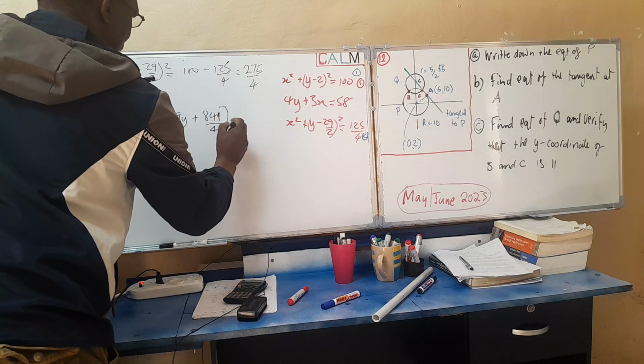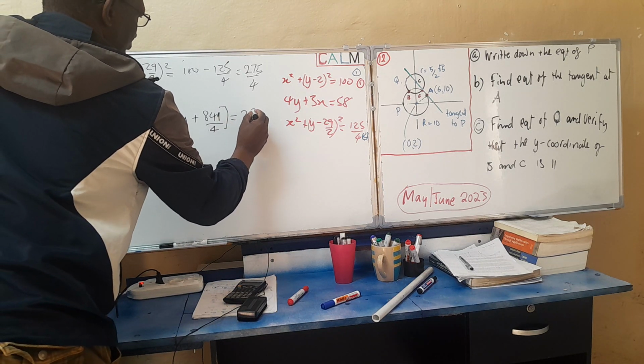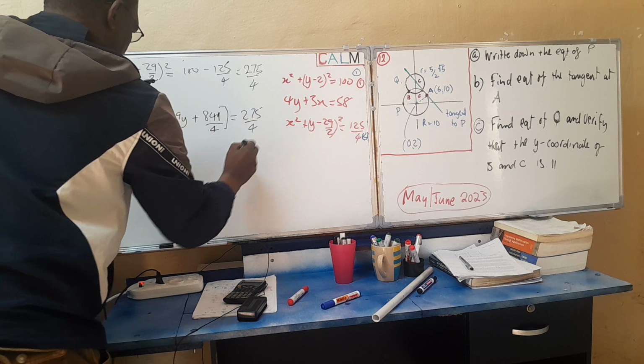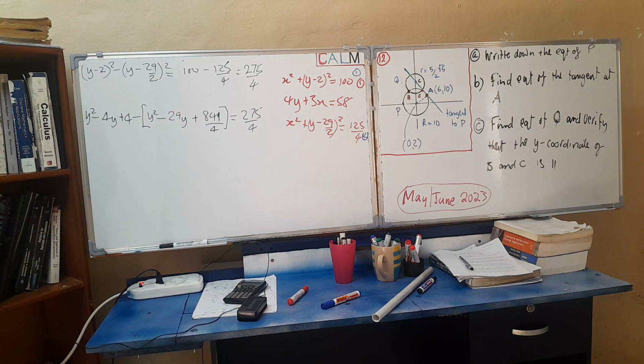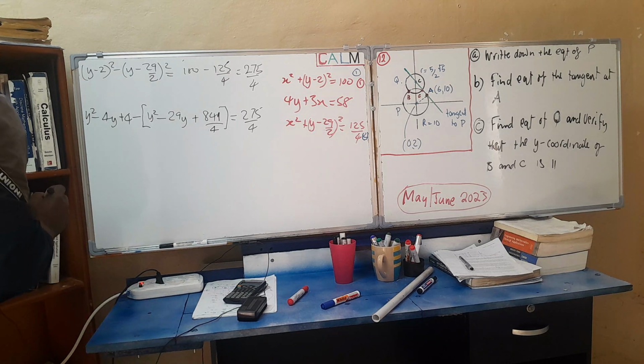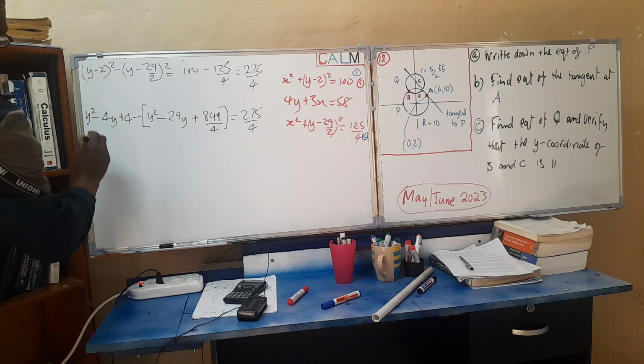I close my bracket. This is equal to 275 over 4. So, are we missing anything there? No, it looks all right. So let's open our brackets here.